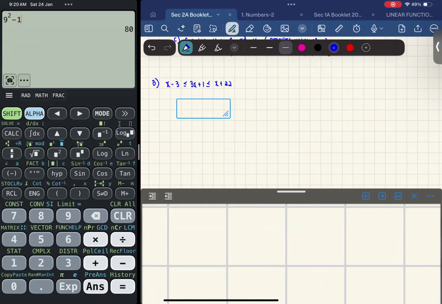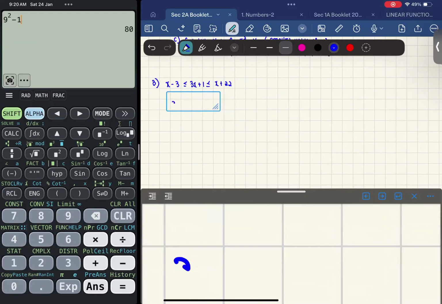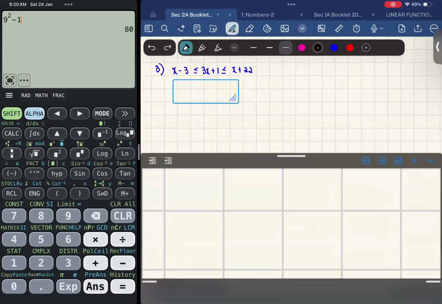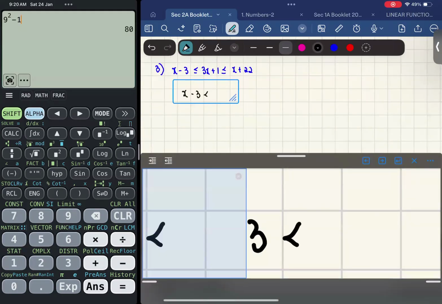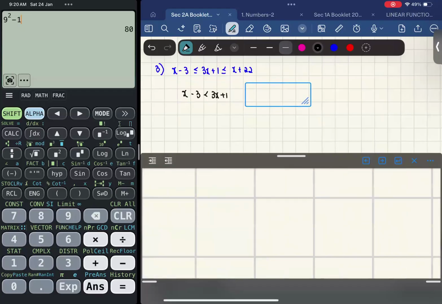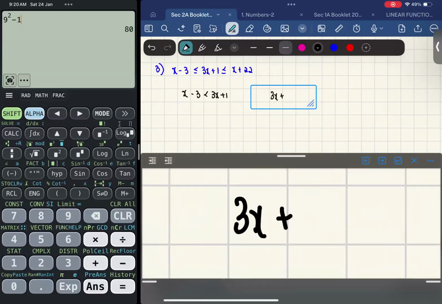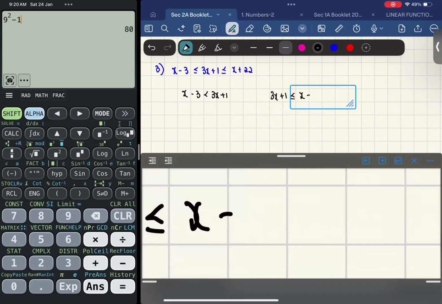So do you all remember how to solve it? We break half and half, and then we meet x in the middle, right? So x minus 3 is less than 3x plus 1. 3x plus 1 is less than or equals to x plus 22.